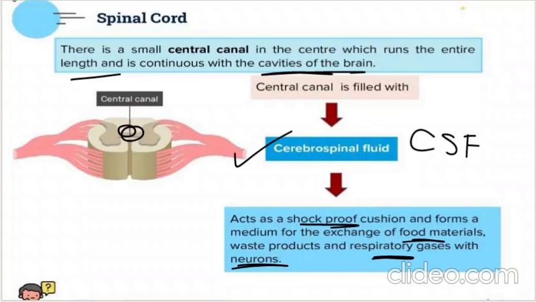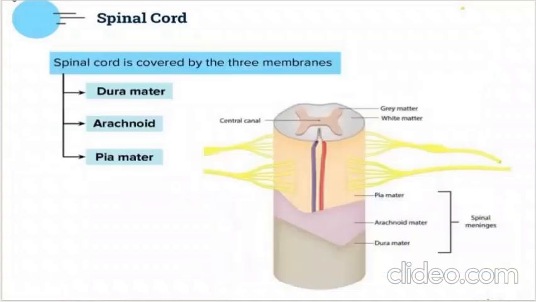The spinal cord is also covered with three membranes because it's very important, right? Again, the dura mater, arachnoid, and pia mater.